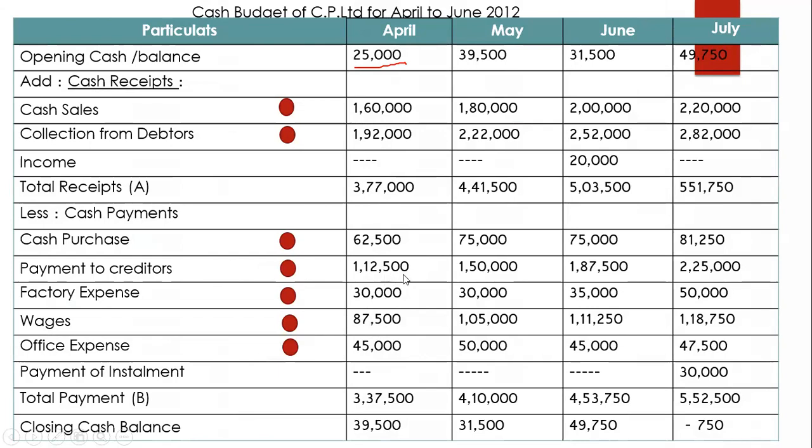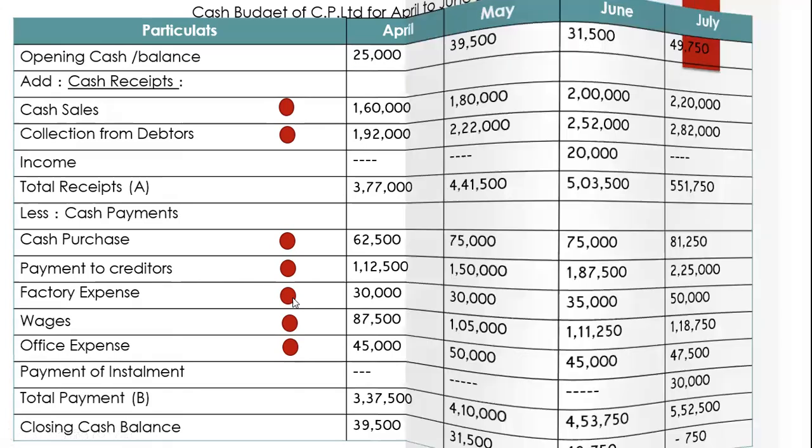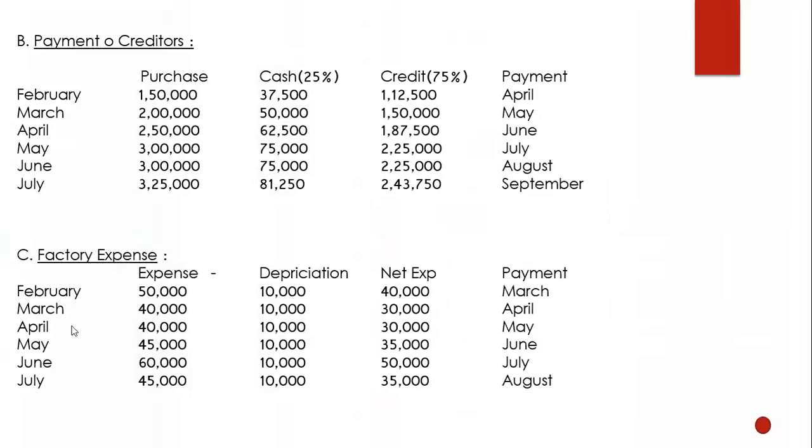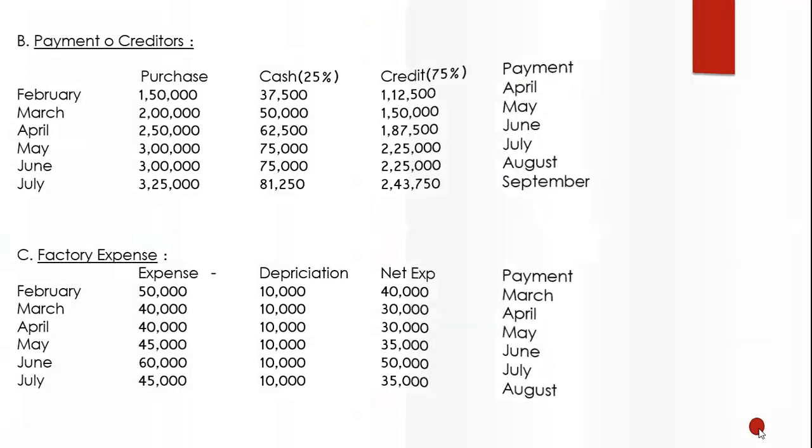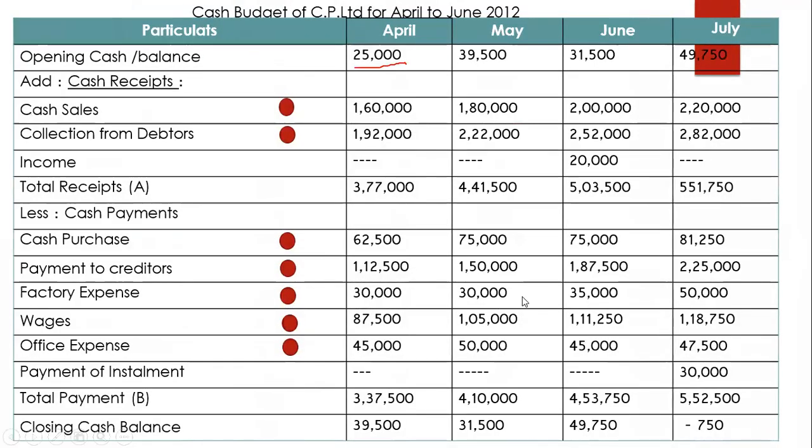So payment to creditors: 1,12,500, 1,50,000, 1,87,500, 2,25,000. Now factory expense also we have found, and underlined the payment column for April, May, June and July: 30,000, 30,000, 35,000 and 50,000.